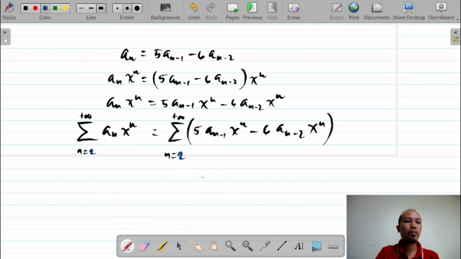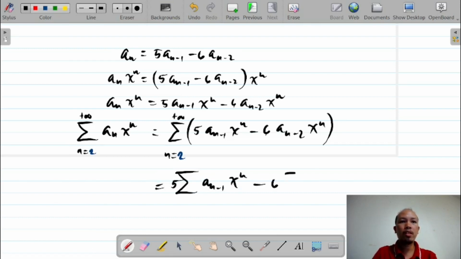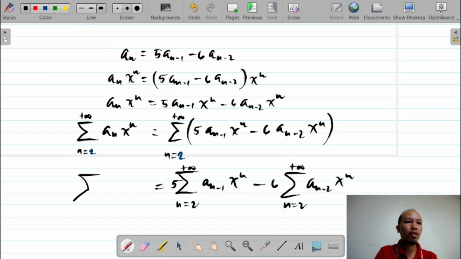Okay, and then let's distribute our summation. 5 a sub n minus 1 x to the n minus 6 summation of a sub n minus 2 x to the n, and starts from 2 to positive infinity, a sub n x to the n, and starts from 2 to positive infinity.